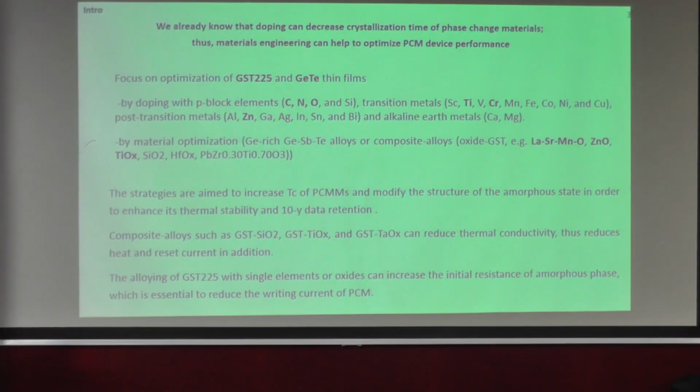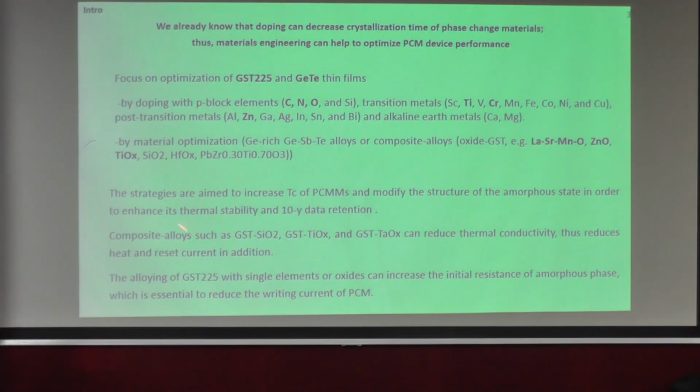In all cases, the strategy of material optimization by composite formation aims to increase TC, so to stabilize the amorphous phase of GST materials, which is still an issue, and also to modify the structure of the amorphous state to enhance the thermal stability and then data retention, which is still an issue.